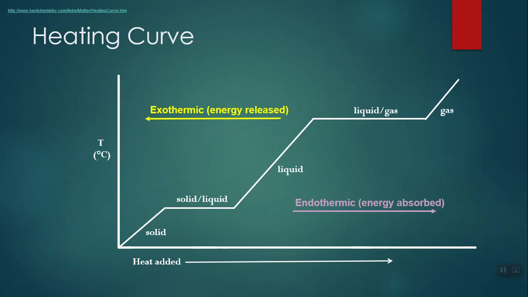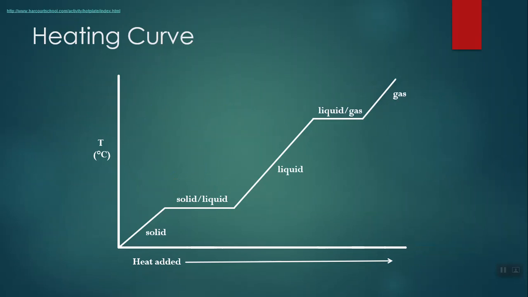Now this graph can also tell us other pieces of information. For example, if we look at the melting part of the heating curve where we see solid and liquid, this tells us that yes, the substance is going through a melting phase change, but this graph will also tell us the melting point. And if we look at the vaporization, that will also tell us the boiling point.